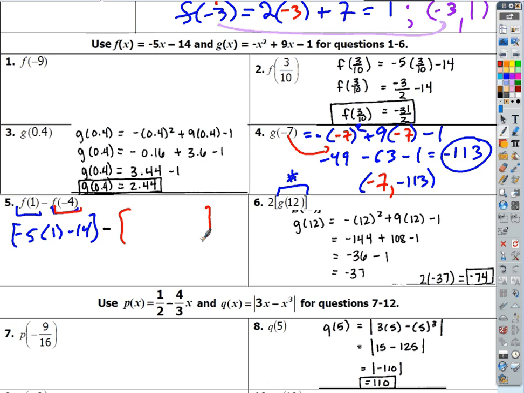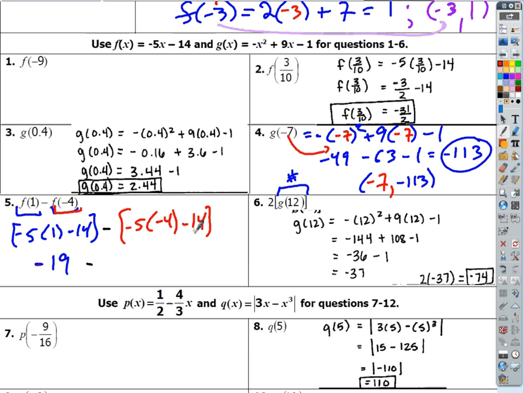That make sense? So f of negative 4 is going to be negative 5 times negative 4 minus 14. And so I'm going to get a blue number. Negative 5 minus 14 is a blue number, negative 19, minus a red number.